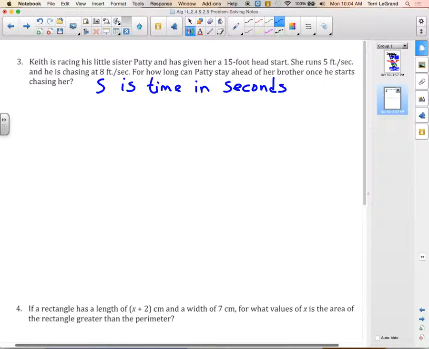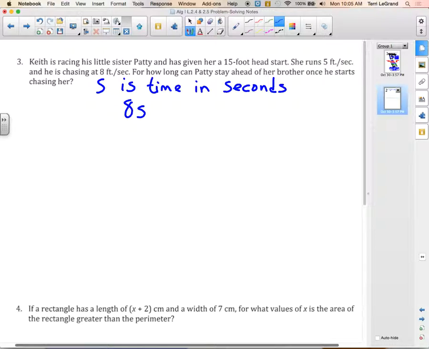And then, I don't know, it should be 8s is greater than or equal to 15 plus 5s. Okay, 8S is greater than or equal to 15 plus 5s. So in other words, 8S, what's that representing? 8 is the feet per second.